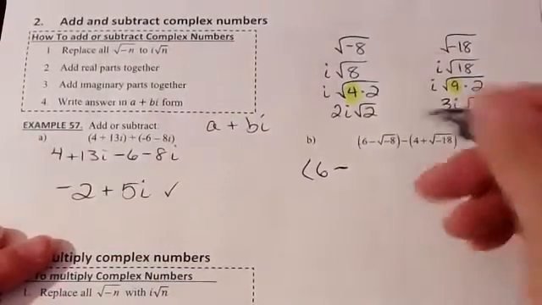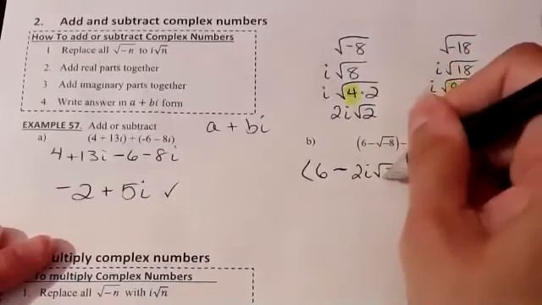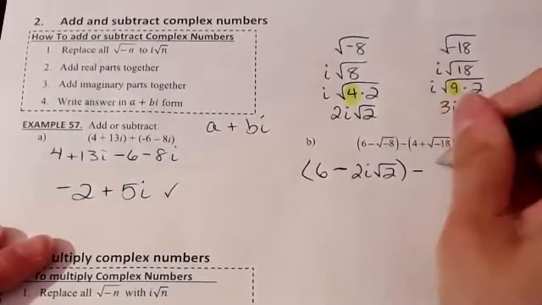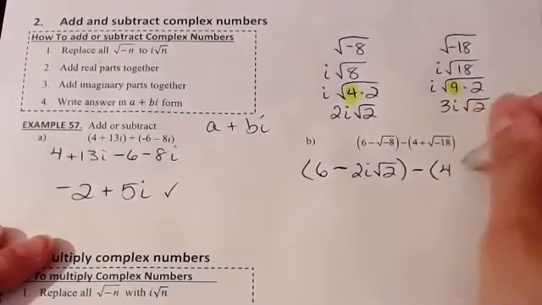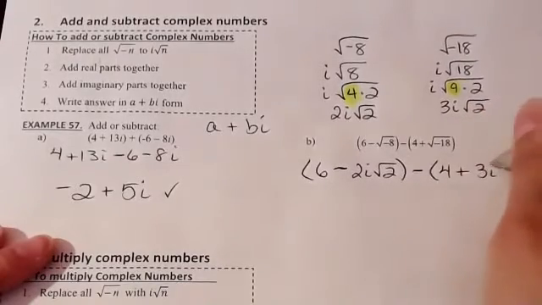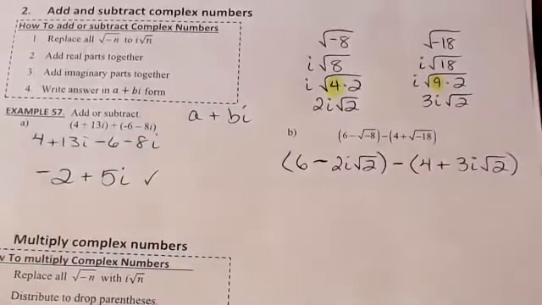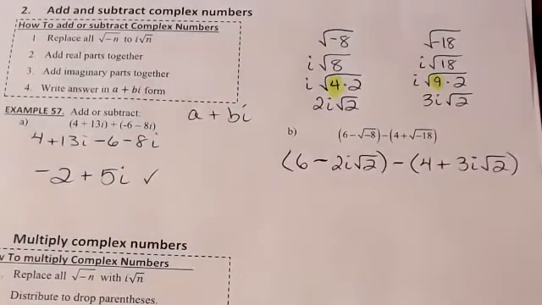So it'd just be 2i square root of 2. Awesome. Keep going. And then minus parentheses 4 plus 3i square root of 2. Yes, beautiful. So we just replaced those two pieces. We cleaned it up. Now they have that i piece, which is beautiful.